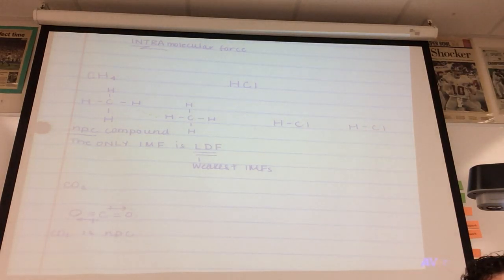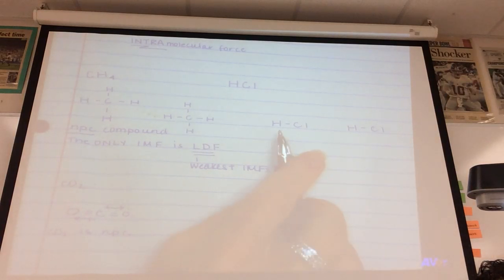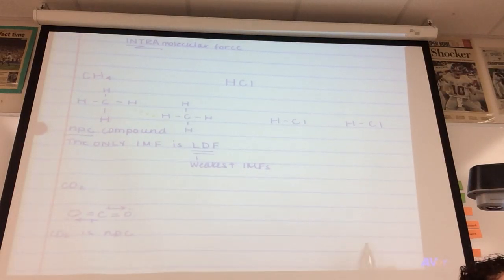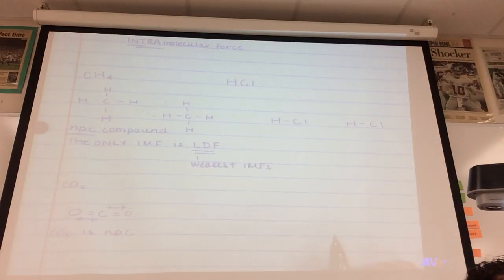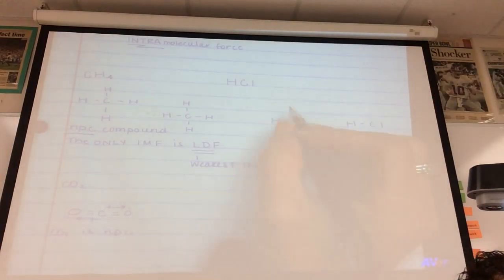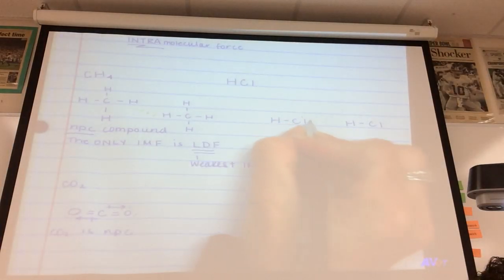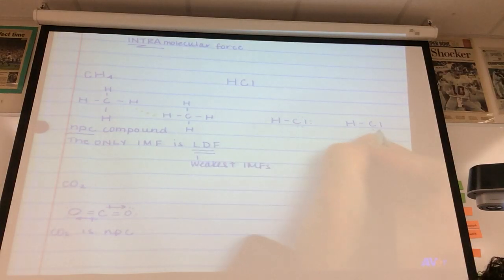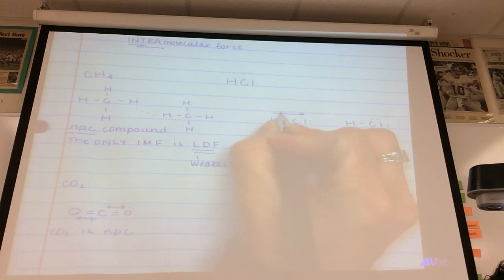We said this is a polar covalent molecule. Which atom is more electronegative, the H or the Cl? Cl is correct. So the dipole is in this direction.